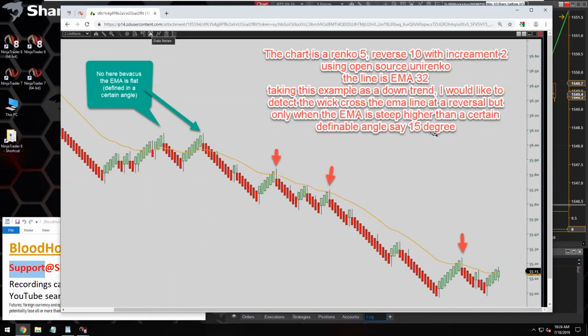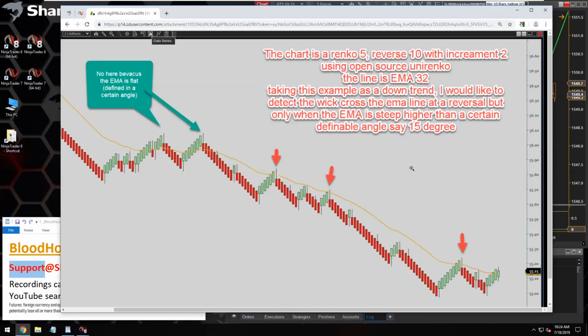Tony says 15 degrees, although charts do not have degrees. You cannot measure degrees in a chart, because the y-axis is always adjusting. So there's no way to measure degrees on a chart since the y-axis is always varying. So the only thing you can measure is a tick angle, a slope.